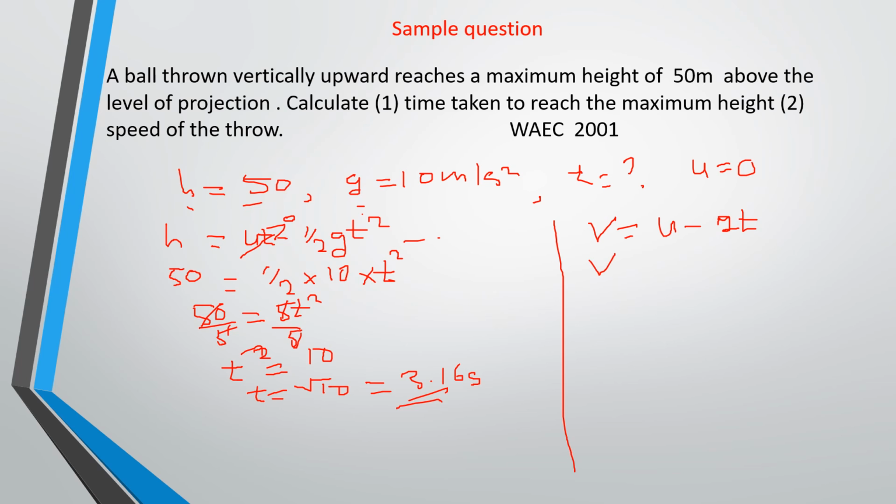So the speed of throw is equal to gt, which is 10 times the time that we had before, 10 times 3.16. When you work that out, you have 31.6 meters per second. This will give you the speed of throw for this particular question.